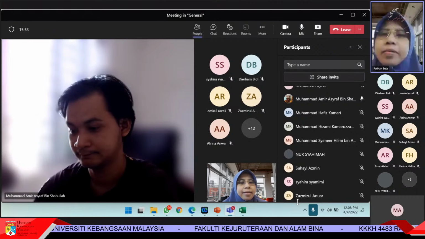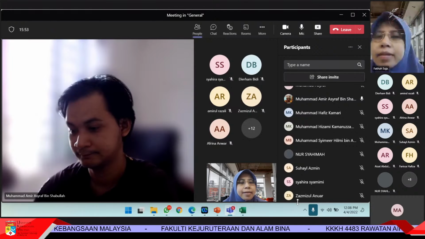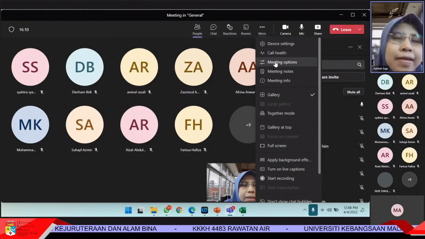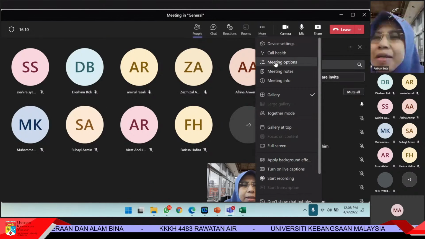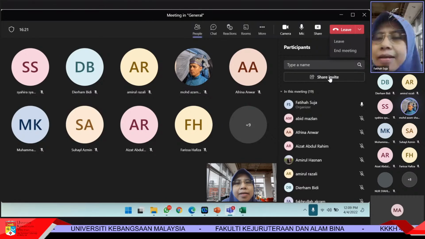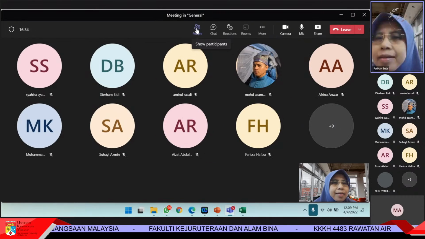Is it in meeting options? I forgot where to accept. Do you all know? If they join using the code, they don't need to be accepted, they go straight in. Where do I accept?